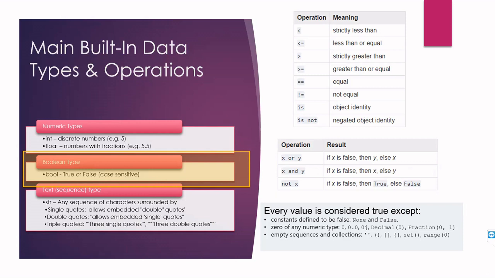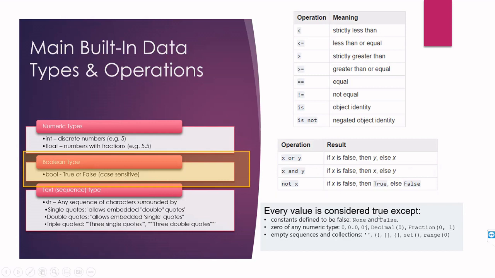Anything else is true. So when I say 0, if we have a sequence that has a length equal to 0, that's equivalent to 0. So empty sequences or empty strings are considered false as well. The actual 0, the fractional 0, anything that is equivalent to or leads to a 0 is false. Anything else is true.